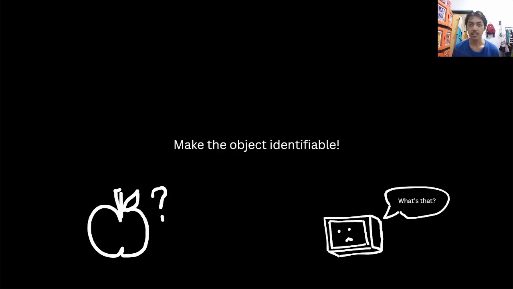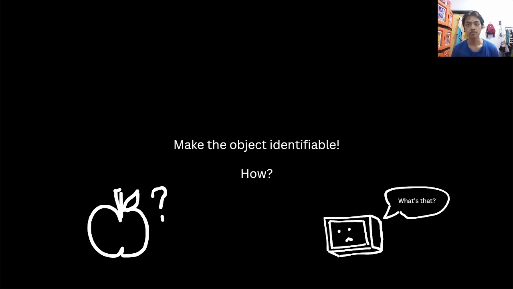So I make the object identifiable by the computer, okay? Because the computer doesn't know the name of its object in the first place. When we were kids, maybe we didn't know the name of the fruit, like what is an apple, what is the color of an apple, or what characteristics an apple has.